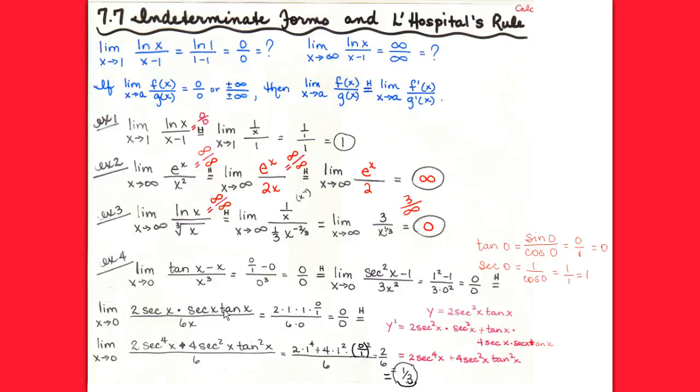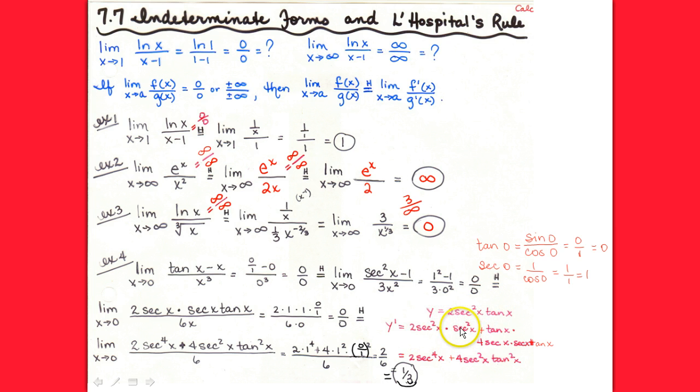If y was equal to 2 secant squared tangent, because that was my numerator right here, what would my derivative be? I have a product, so I'm going to do first times derivative of second plus second times derivative of first. Here's first, 2 secant squared, times derivative of second. Derivative of tangent is secant squared.